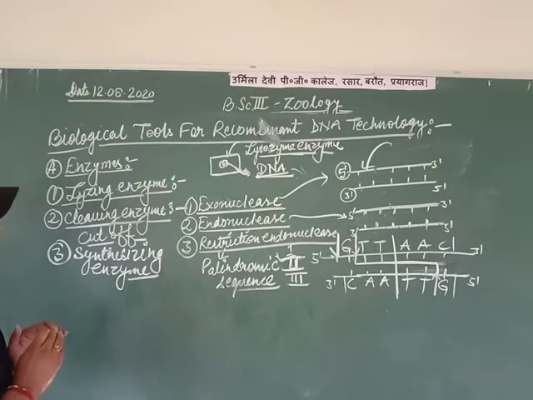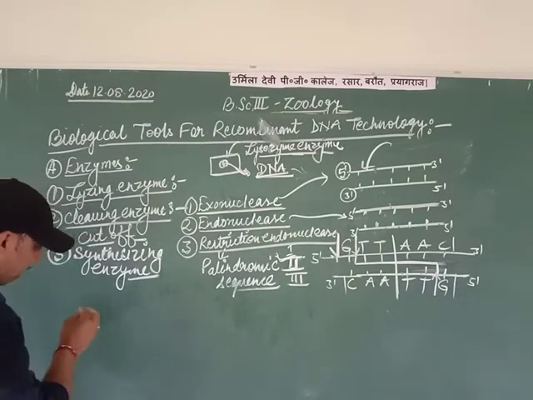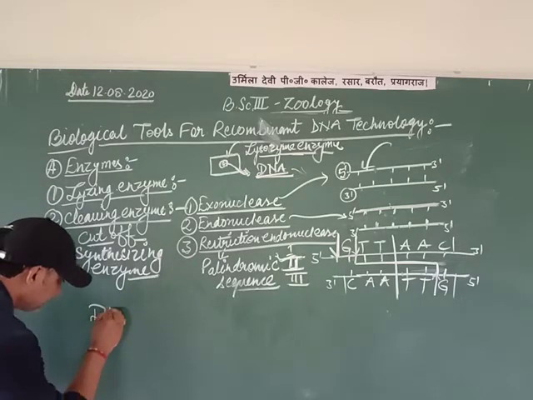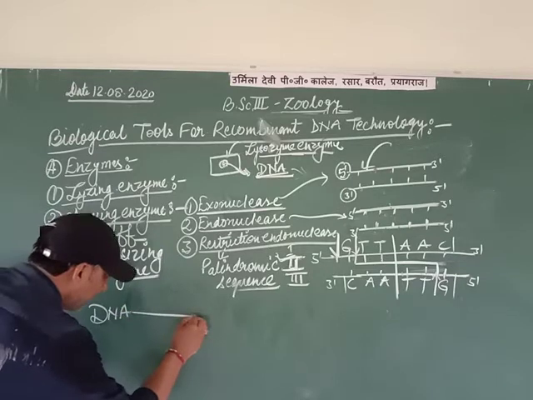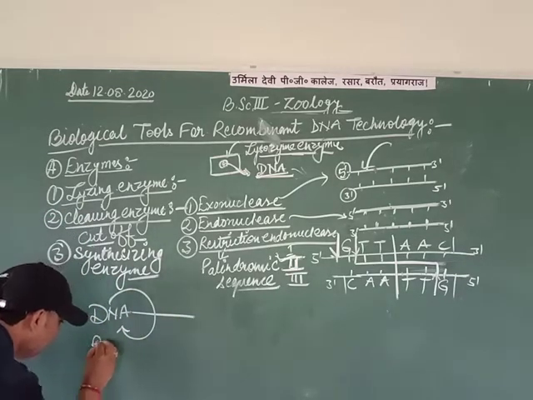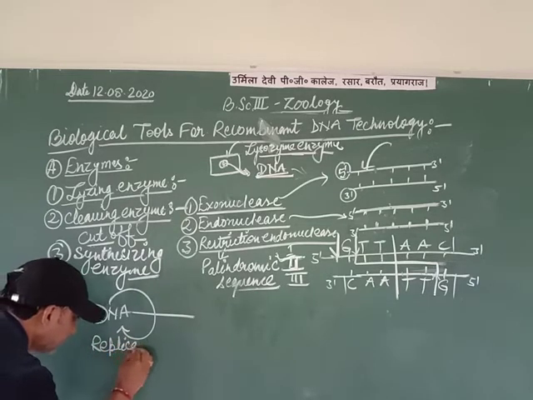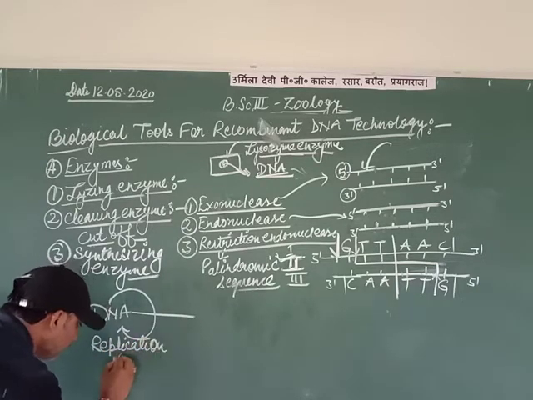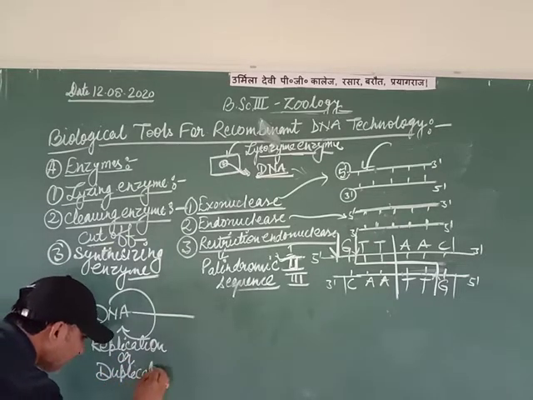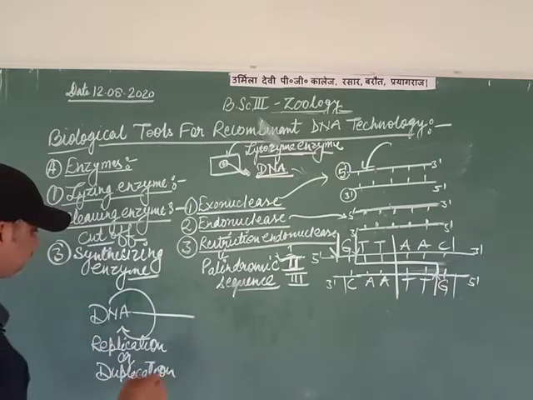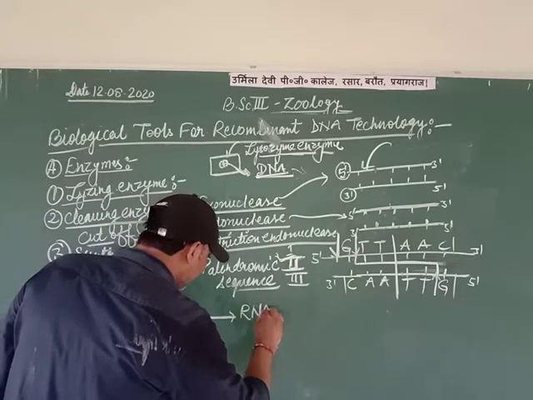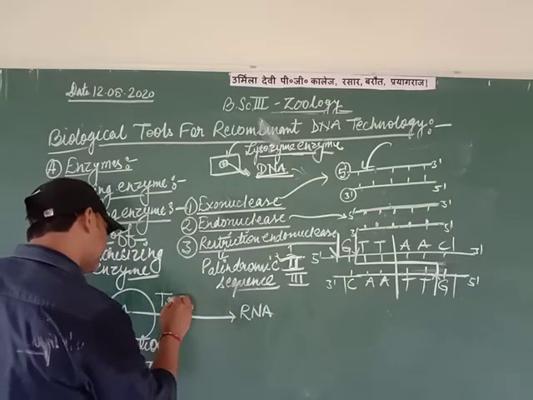Here is the central dogma. First, DNA to DNA itself: that process is called replication or duplication. Then DNA to RNA is called transcription.